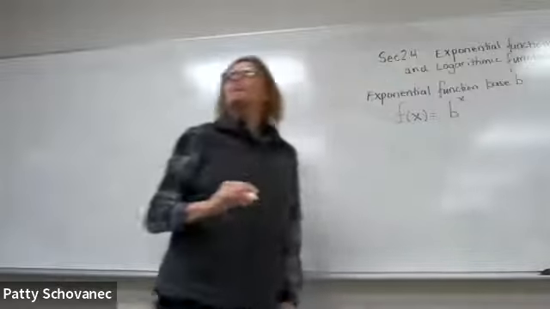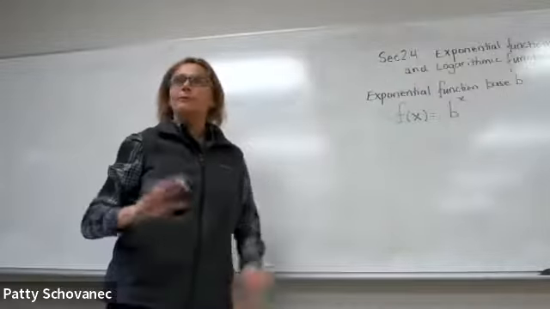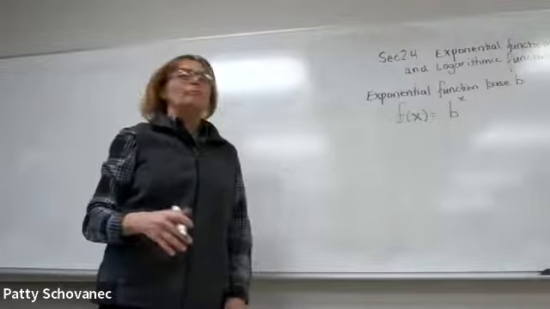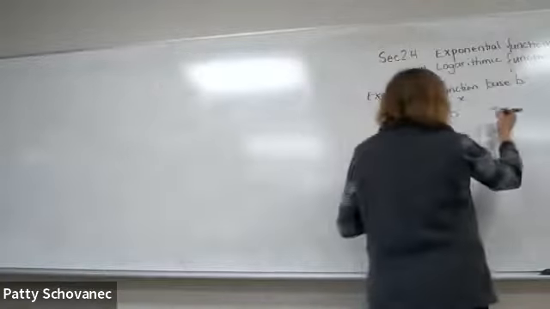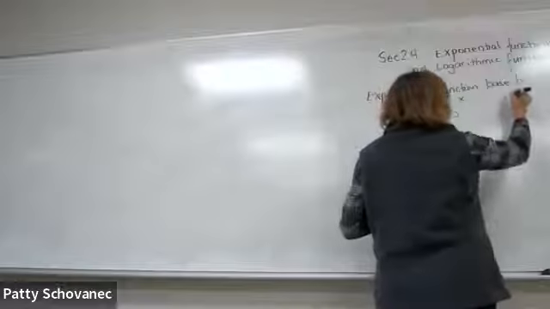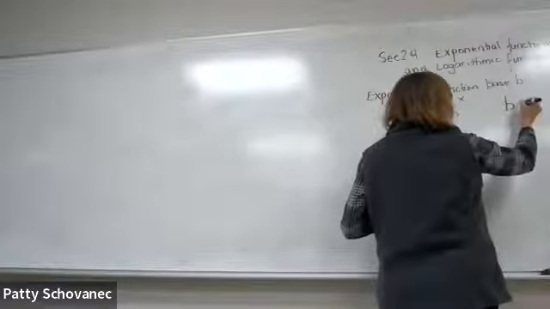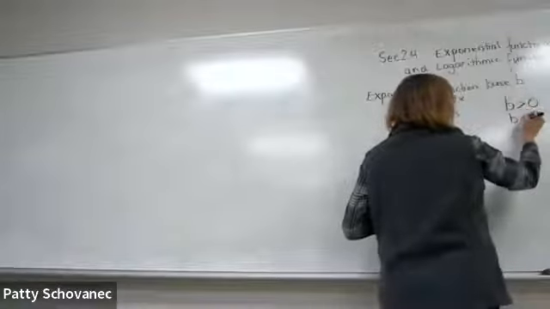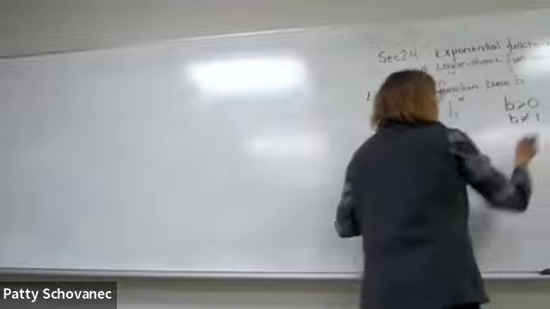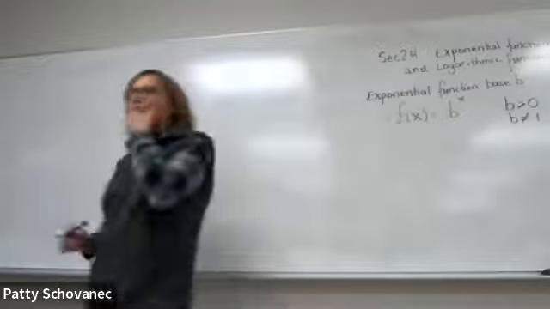It's pretty boring if b is 1, because 1 to any power is 1. And we don't want b to be negative because then it flops back and forth. So let's make b any number bigger than 0. 0 to a power is boring, but not equal to 1. So we'll only talk about bases that are positive.